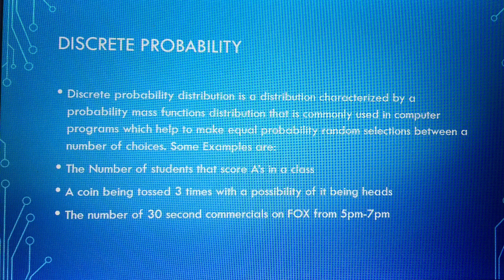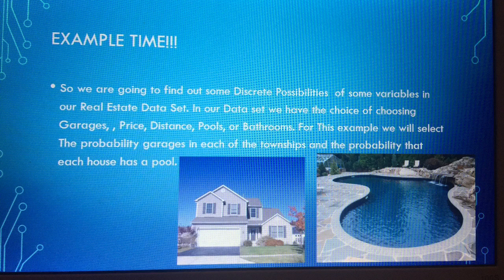So for these examples, we're going to be using the real estate data given to me by my statistics professor. We're going to interpret the data, and we're going to find out the discrete possibilities of the next two variables that will be discussed in the next slide. In our data set, we have the choice of choosing garages, price, distance, pools, or bathrooms.